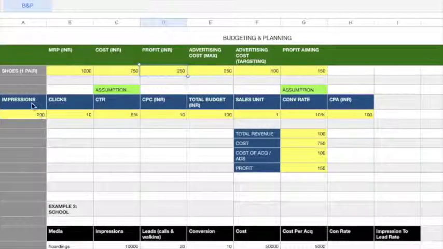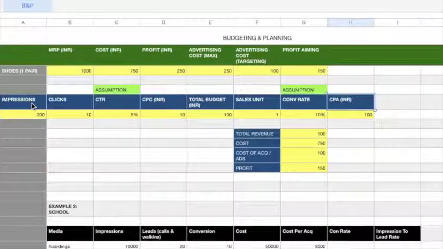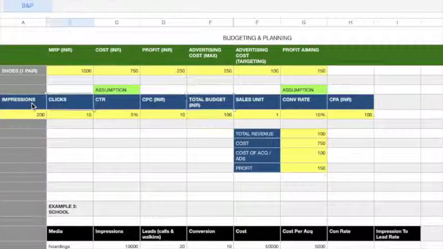So then you have to create a chart like this. Whenever we do digital planning, we create something similar which starts from impressions. Impressions is the number of times your ad is seen by people, right? And then come clicks.